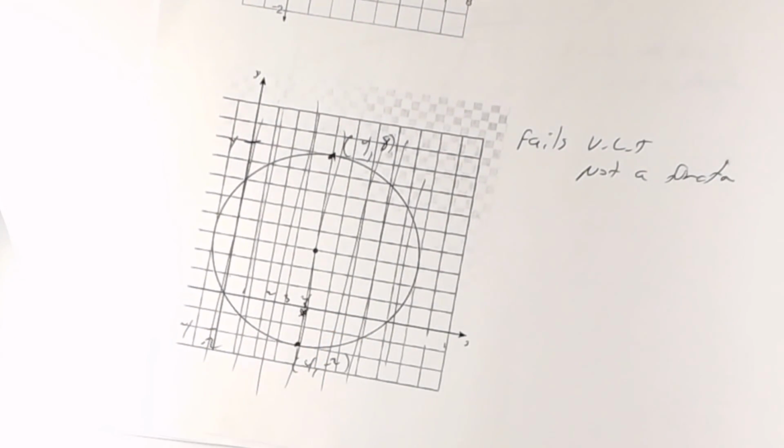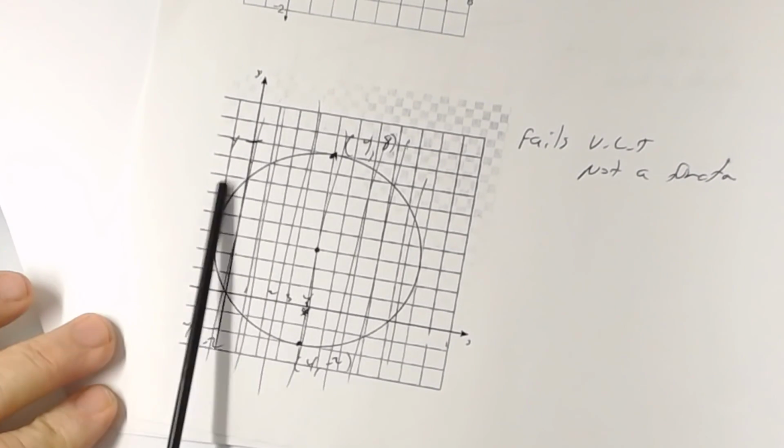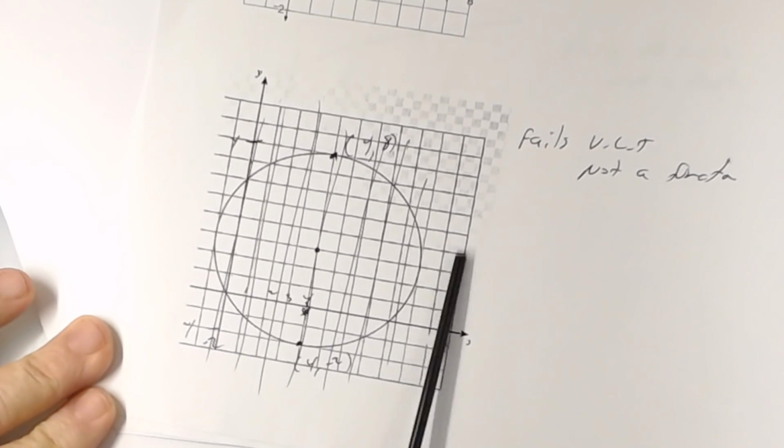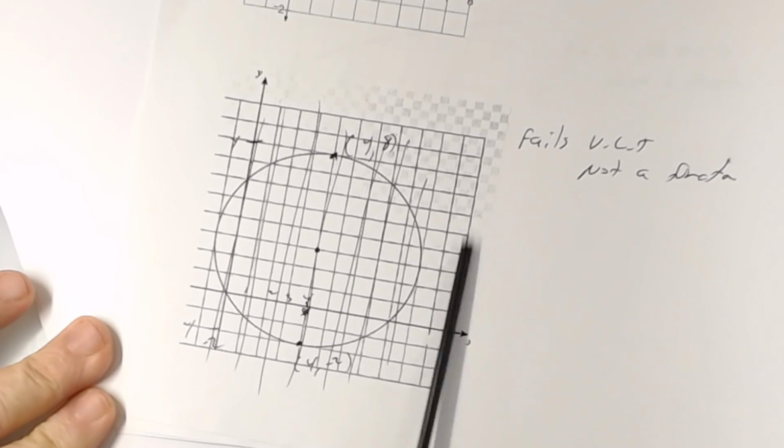Let's talk about this in terms of domain and range. When you talk about domain and range, the domain is a set of x coordinates. Now, notice how many points are on this circle. An infinite number. There are an infinite number of ordered pairs.